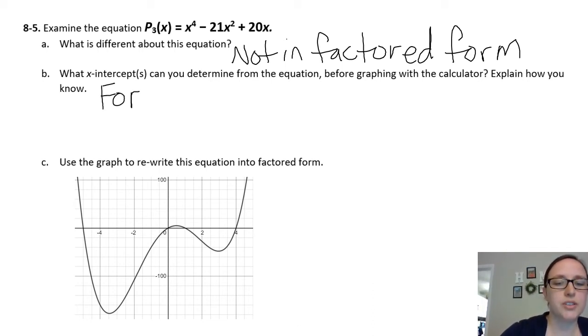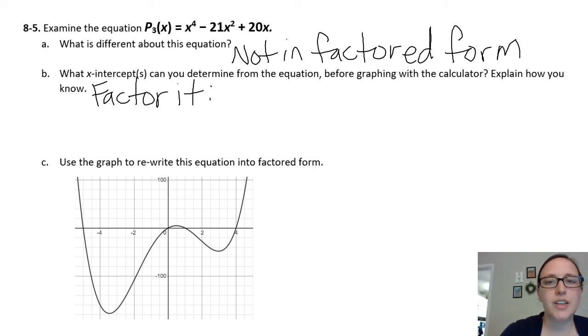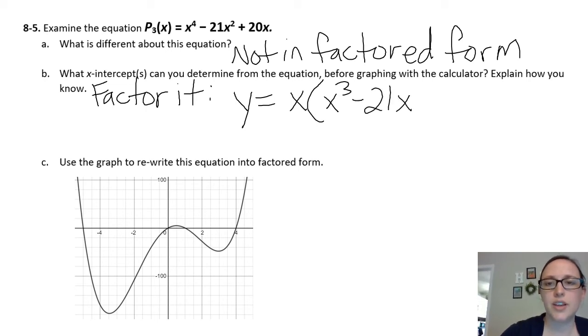What I notice, sorry, I can't talk and write at the same time apparently. So we would have to factor this out. And I notice that there's an x in each of the 3 terms, so I'm going to factor out an x. And then we'd be left with x cubed, because we just get rid of one of the x's, minus 21x, and then plus 20.